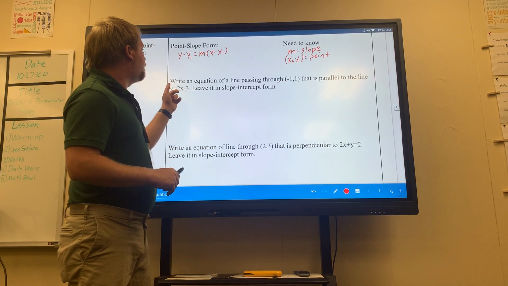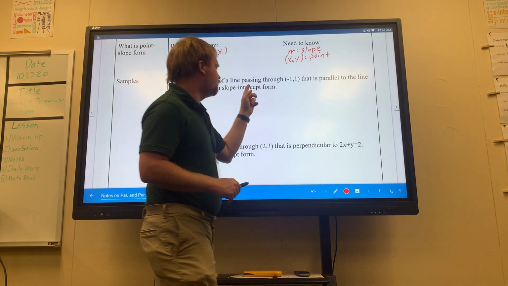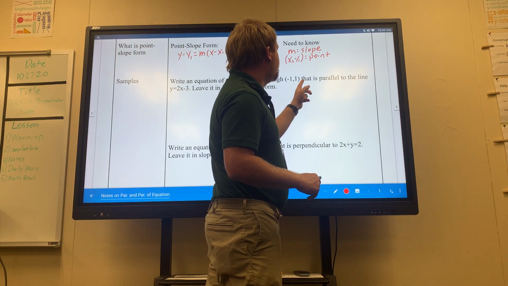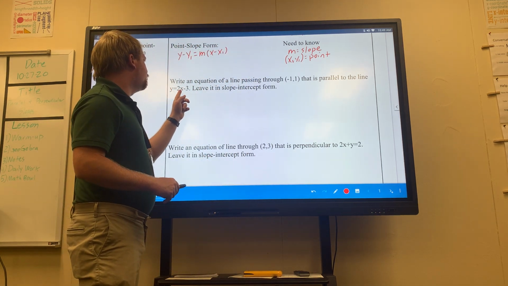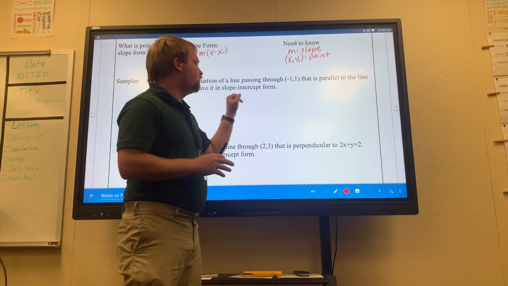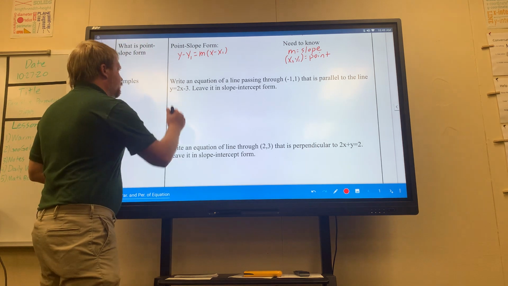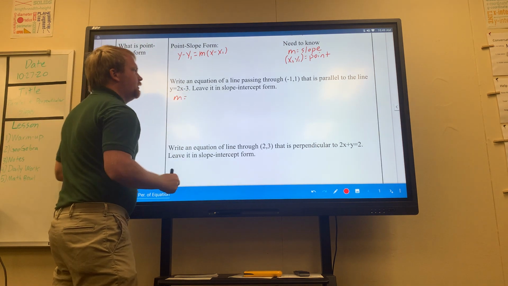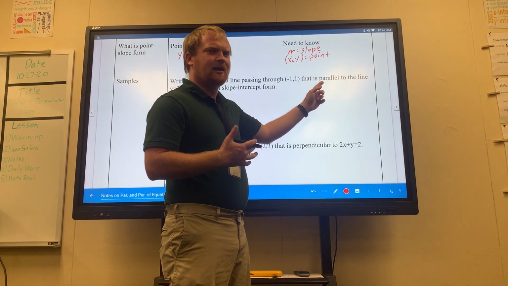First, write an equation of a line passing through (-1, 1) that is parallel to the line y equals 2x minus 3, and we want to leave it in slope-intercept form. First, I have to identify the slope, because with parallel lines, the slope is going to be the same.